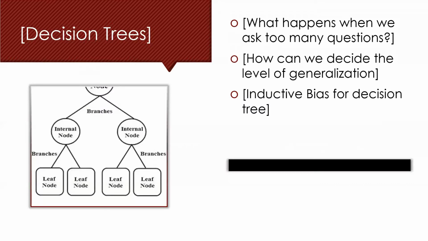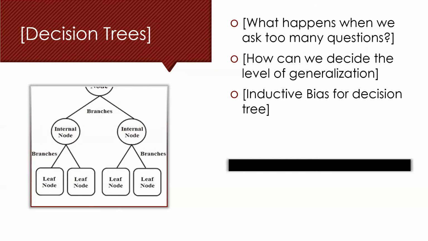I have an algorithm called the decision tree. This algorithm can best explain what inductive bias is. So what is a decision tree? As you can see in the diagram, you have a node and it has some branches that lead to other nodes. It is like a real tree where branches lead to other branches and branches lead to leaves.